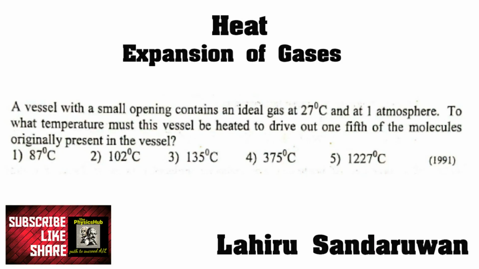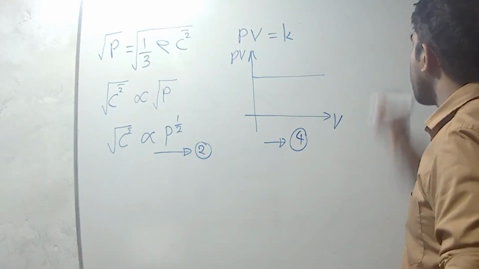A vessel with a small opening contains an ideal gas at 27 degrees at 1 atmosphere. To what temperature must this vessel be heated to drive out 1/5 of the molecules originally present in the vessel? I will use PV equals nRT.